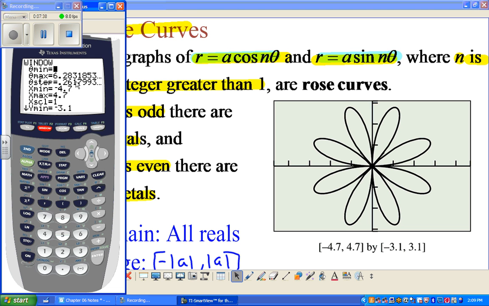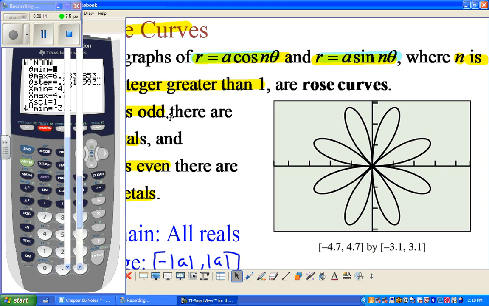However, I picked pi over 12 because I'm going to use the table on the calculator to help me plot some points. If I use pi over 12 for my theta step, then I can look at every pi over 12 theta increment in my table and plot the points shown.